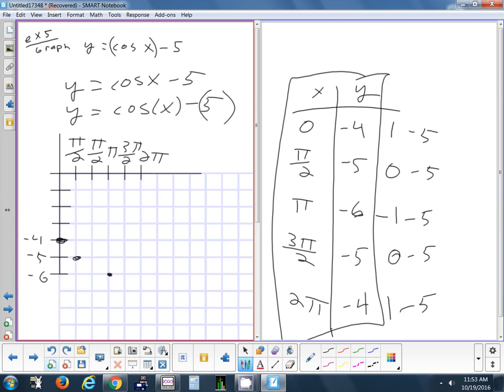All right, so 0, -4, that one's good. -5. -6. -5, -4. Okay, you know if you don't get that V shape, like I was getting a point that was off, either I did something wrong in my table or I labeled my axes wrong. In my case, I labeled the axes wrong. And there's your graph.